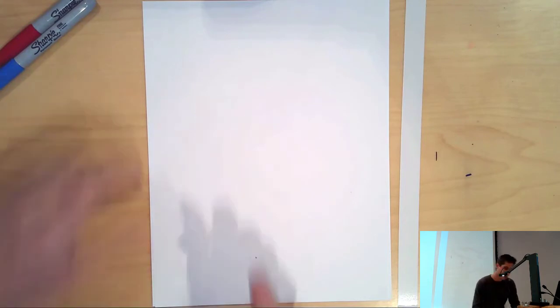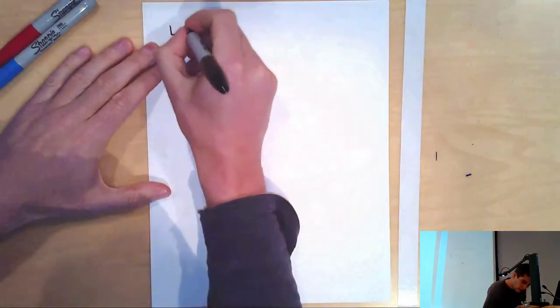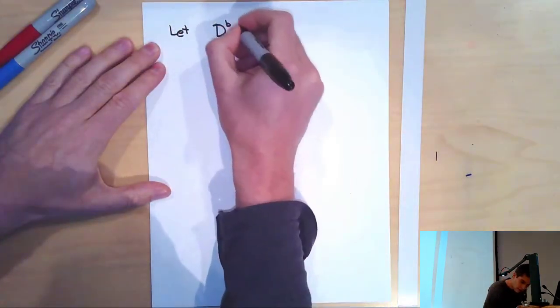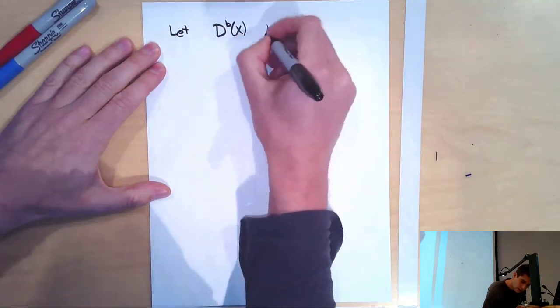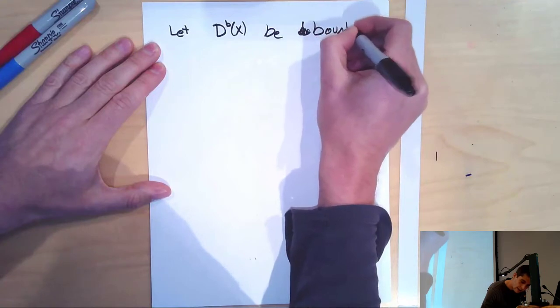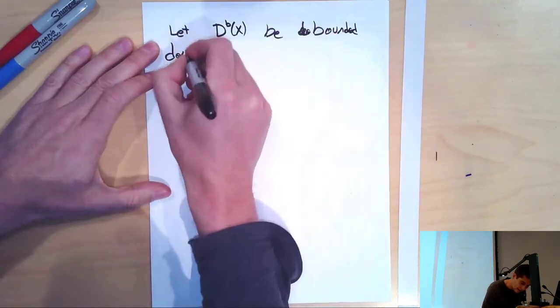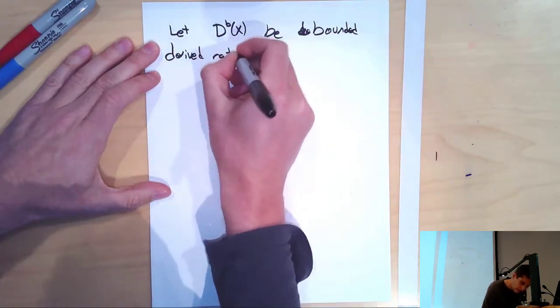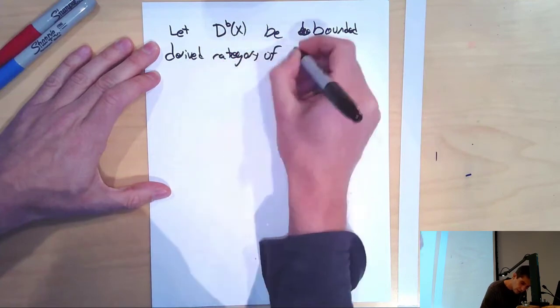Okay, I'm going to need a slight generalization of this. I want to talk not about a single l-adic sheaf, but a complex of l-adic sheaves. So let D^b(X) be the bounded derived category of Q_l sheaves.